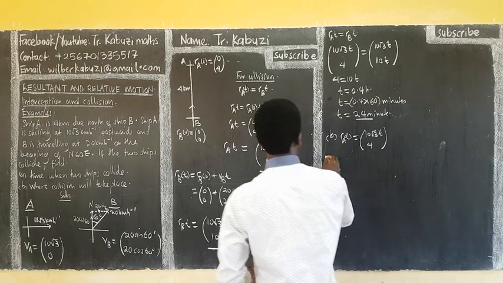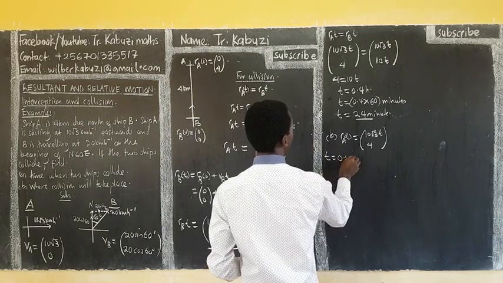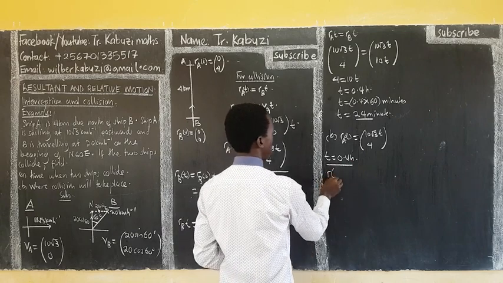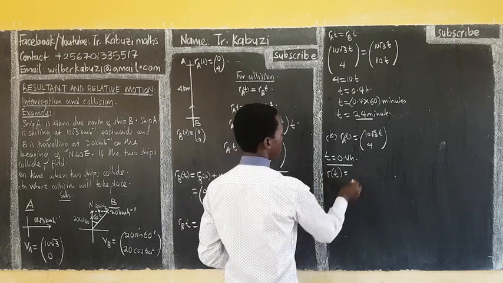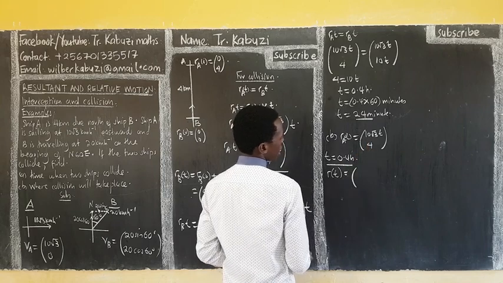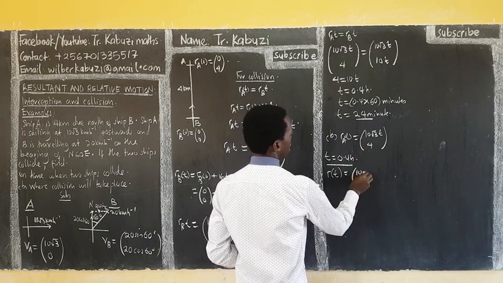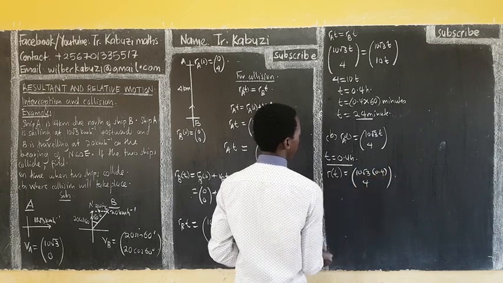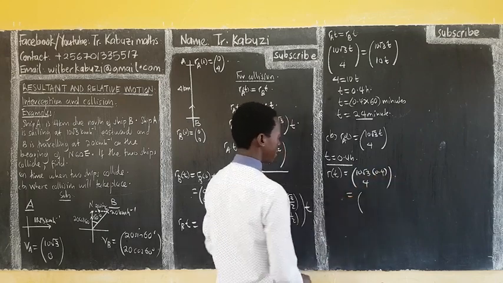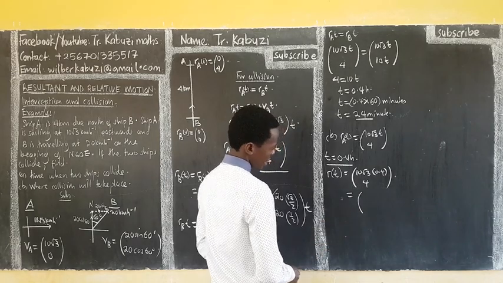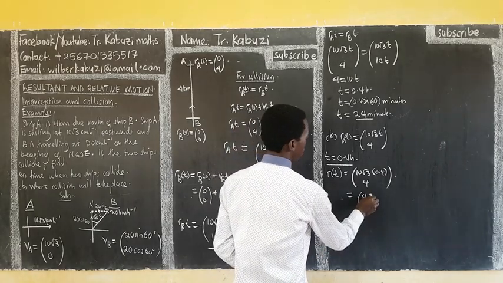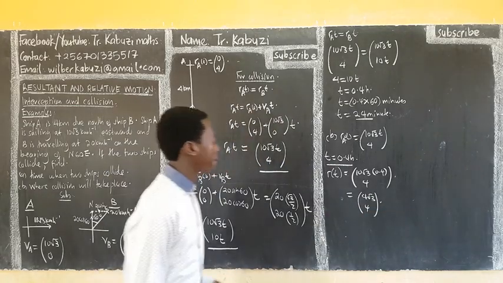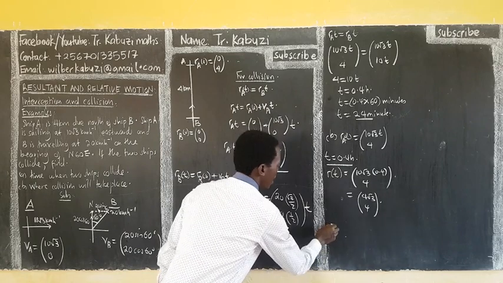So collision when t is 0.4 hours, then our point, let us call it R(t), is going to be 10 root 3 into 0.4, and then this will be 4, and this will give us 4 root 3, then 4. So you can get the magnitude there.